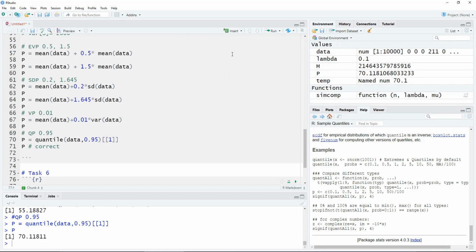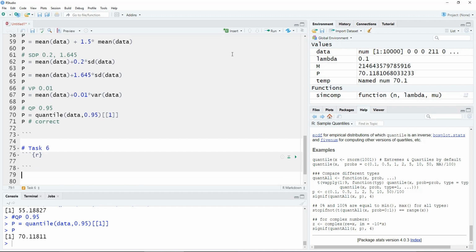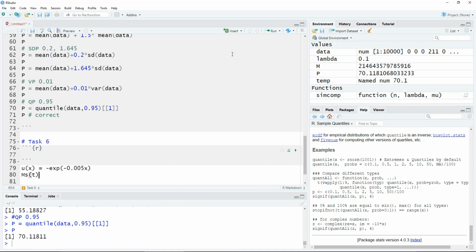We know that U(x) is minus exponent of minus 0.005 x. We also know the moment generating function for a Poisson distribution.